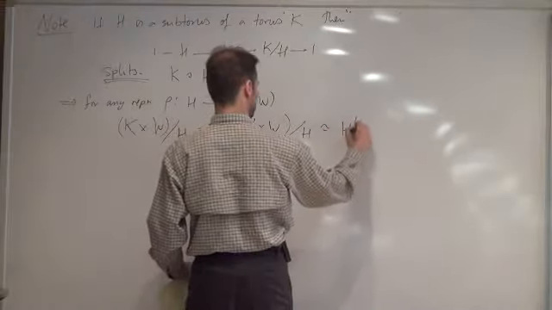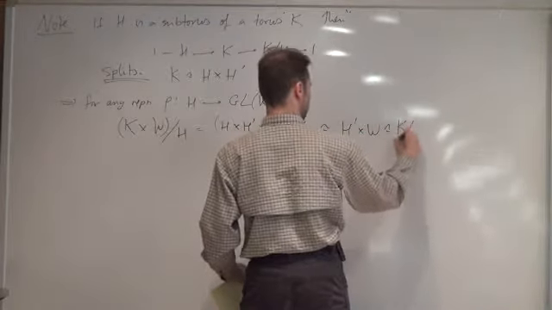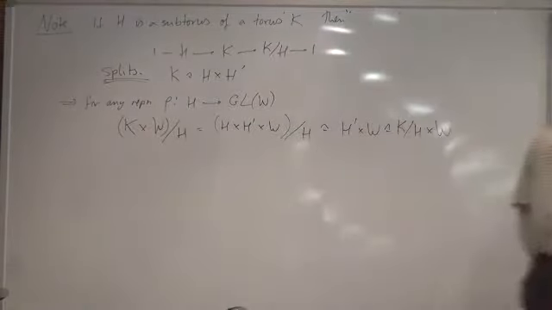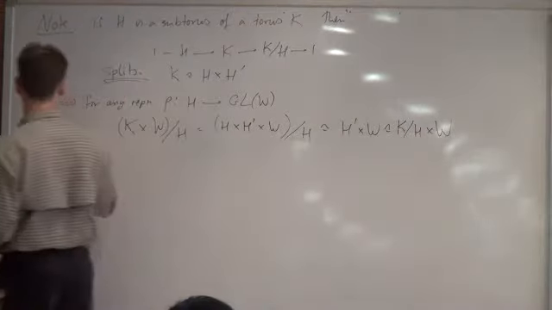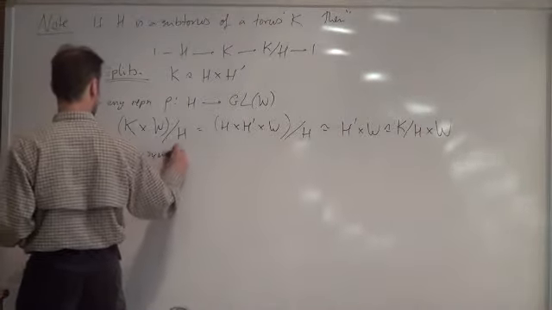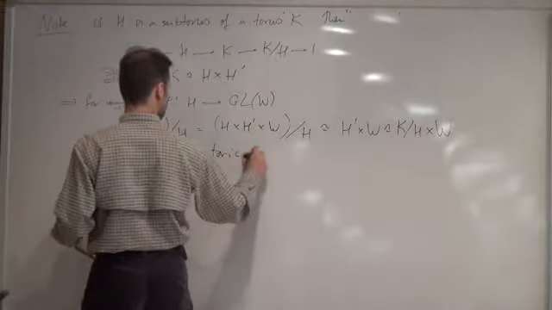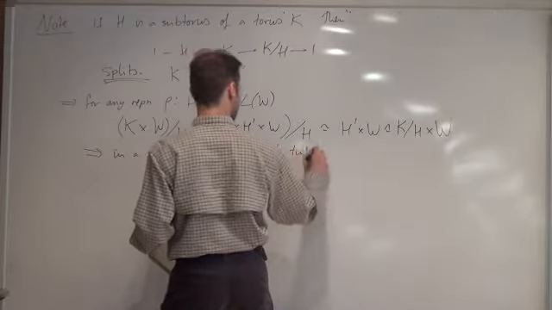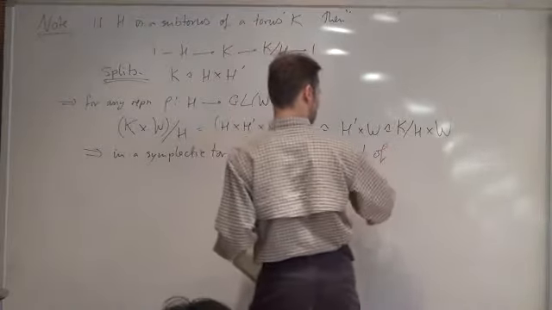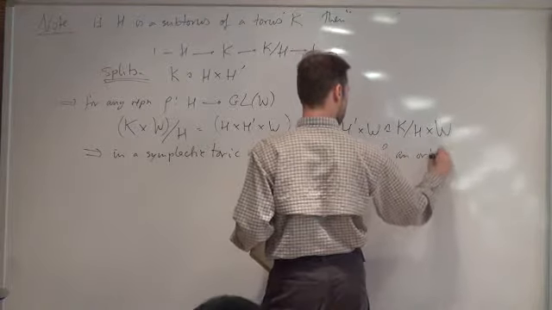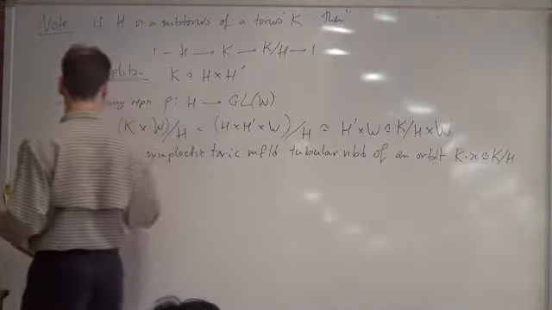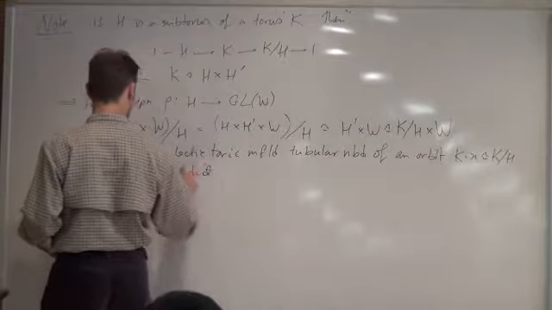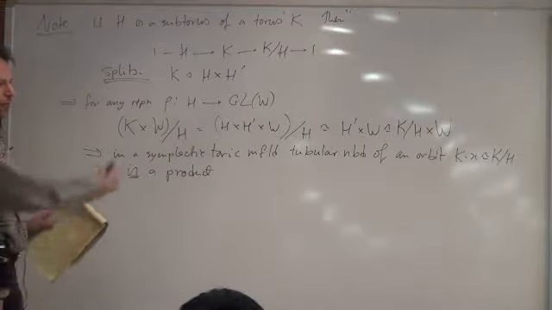So this is H prime cross W, which is really K mod H cross W. And that tells you that the tubular neighborhood of an orbit is trivial. It's a product. Well, is as in is diffeomorphic to a neighborhood of blah blah blah.